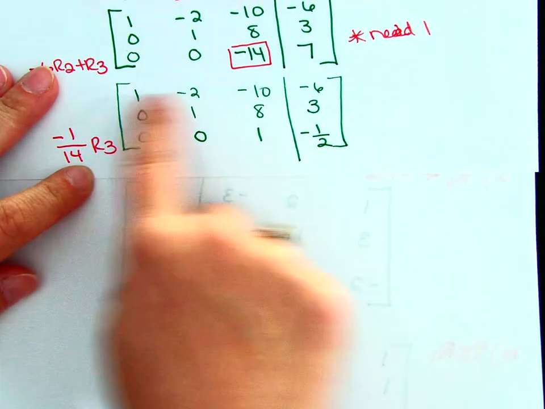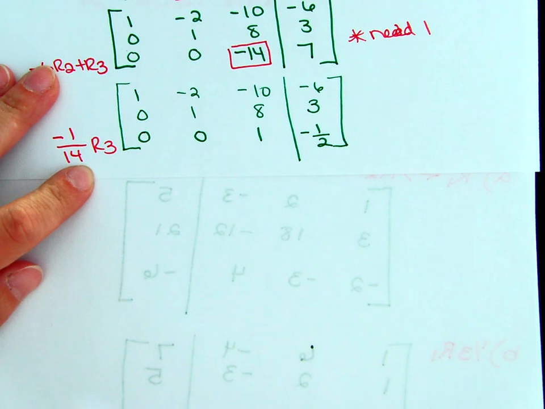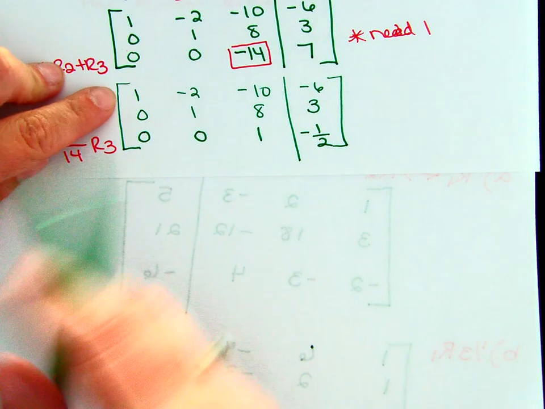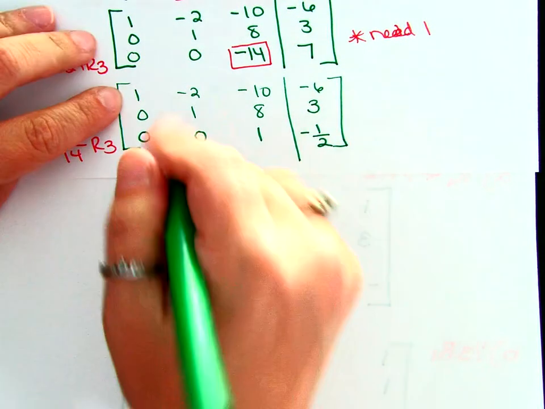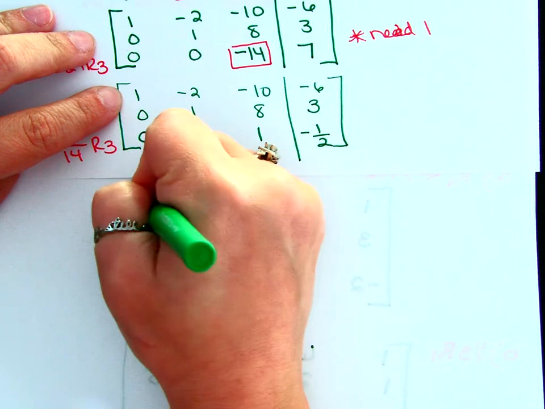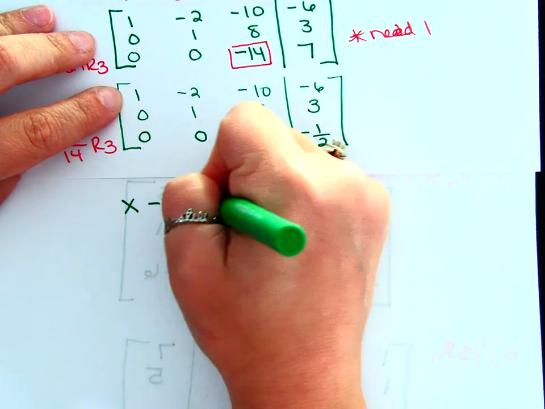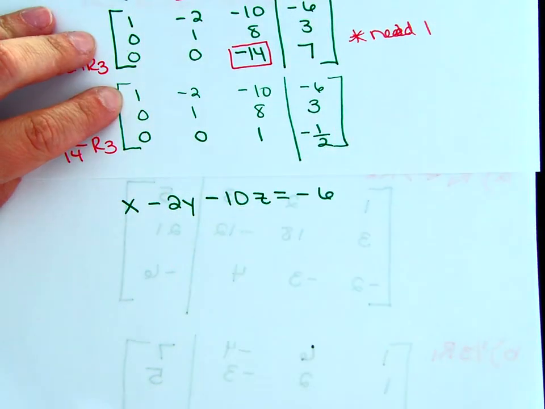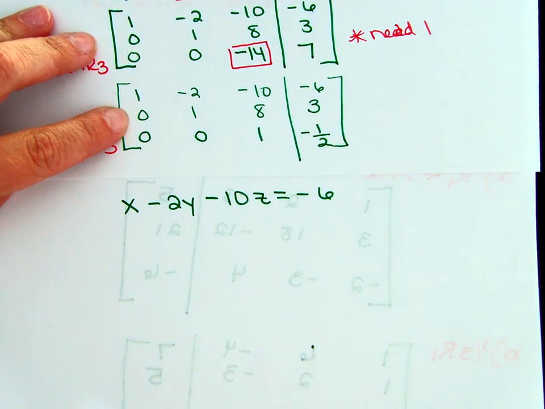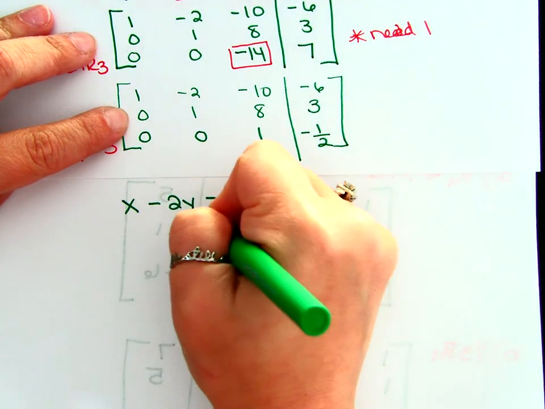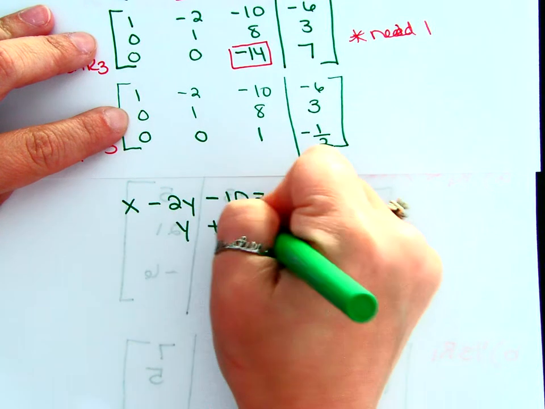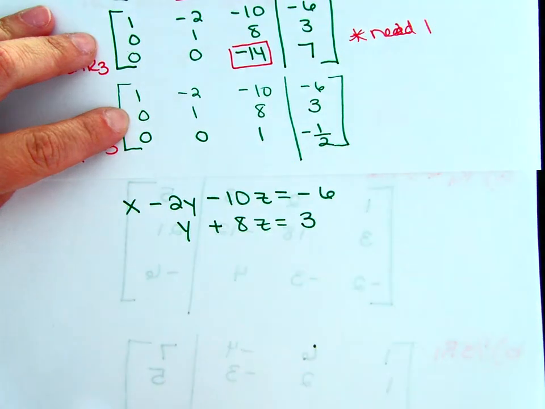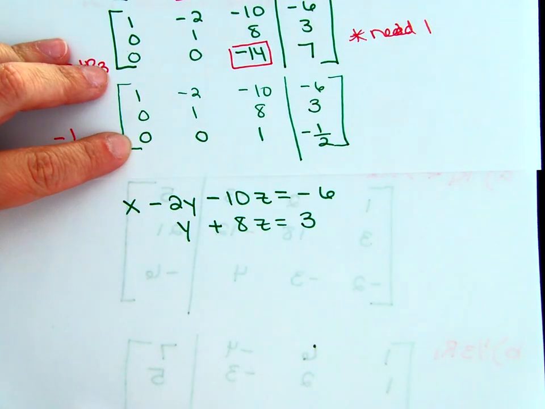So that top row becomes an equation where I have 1x minus 2y minus 10z equals a negative 6. Then I move down to my second equation where I have y plus 8z equals 3. And then my bottom row, I have z equals a negative 1/2.